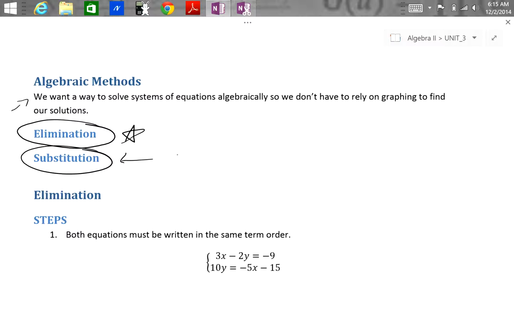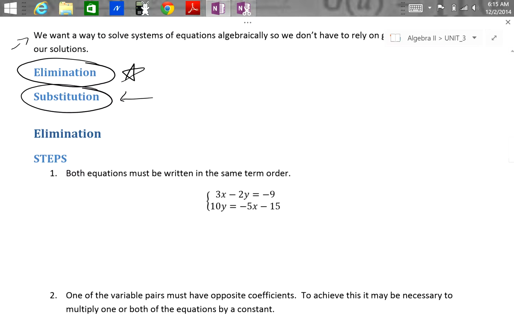Now for elimination, there are a couple of things necessary to get set up to make elimination work. So let's work through those steps with an example that we have here below. Elimination steps. We've got our system of equations right here: 3x minus 2y equals -9 and 10y equals -5x minus 15.